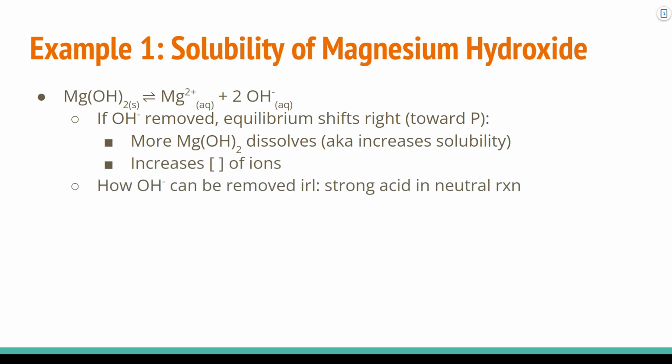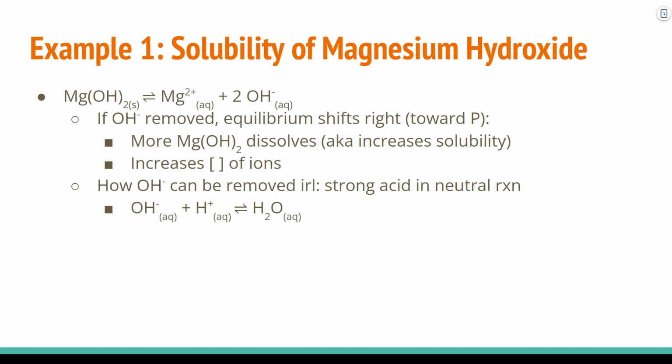So how can we remove OH-? One way to do that is by adding an acid to this process of dissolving magnesium hydroxide. As a reminder, if I add an acid, that is an H+, technically a hydronium, but we're just simplifying it here. Because I have the H+, it can interact with the hydroxide ion and you're making water.